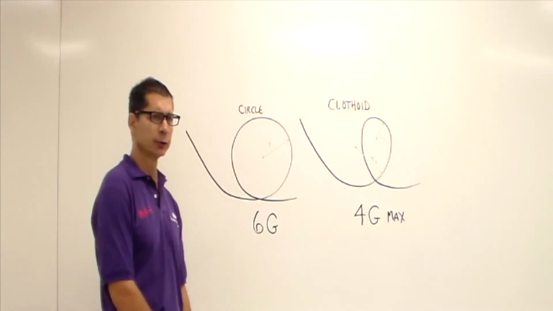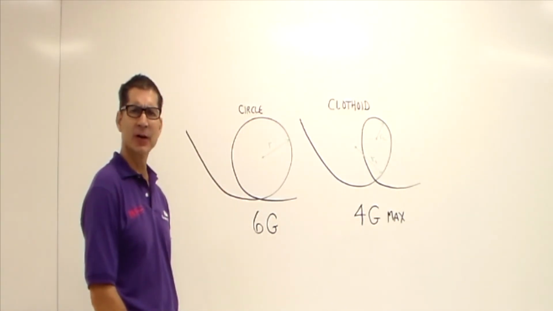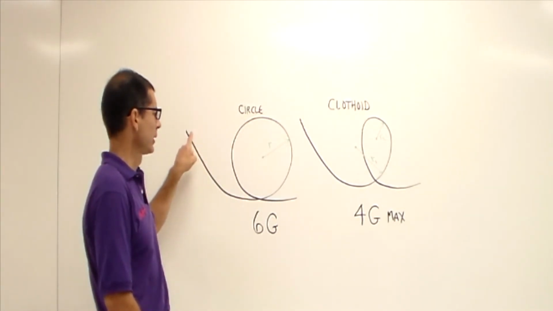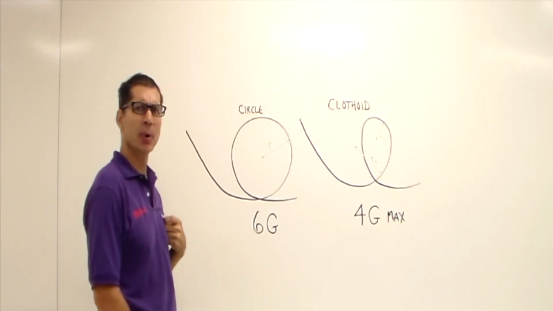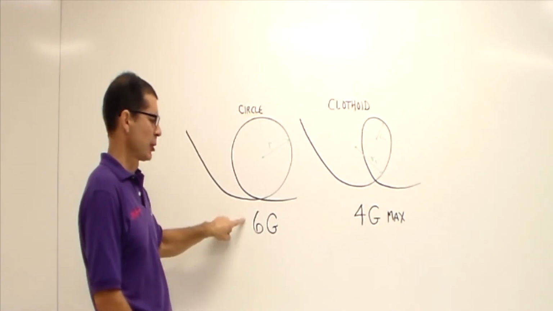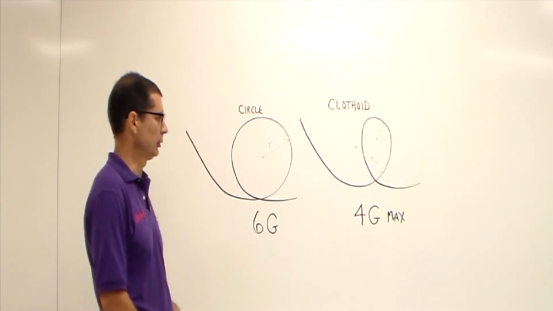Early roller coaster loops were made circular, but they were not very popular because in order for a roller coaster to go around a circular loop, the person on the roller coaster would undergo a 6G change, which is not very comfortable.